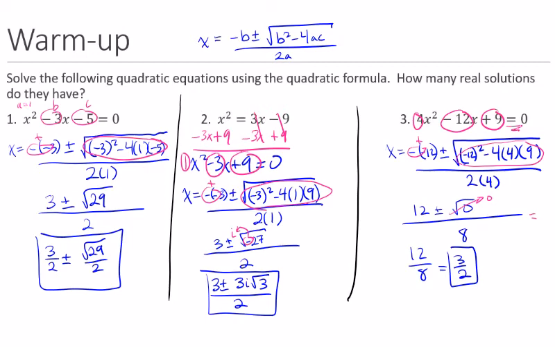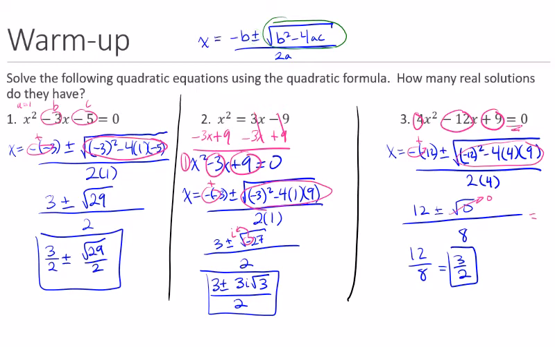So let's talk about what determined that. What determines how many solutions we have in the quadratic formula? If we look, it all comes down to this part here, because that's what we're adding and subtracting.